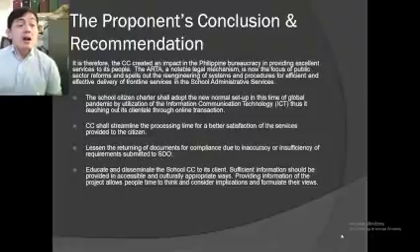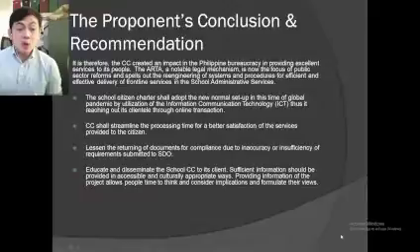One, the school Citizens Charter shall adopt the new setup in times of global pandemic by utilizing information communication technology, thus reaching out to its clientele through online transactions. The Citizens Charter shall streamline the processing time and provide better satisfaction in services to the citizens, lessen the returning of documents for compliance due to inaccuracy or insufficiency of requirements submitted to the SDO, or the Schools Division Office, and educate and disseminate the school CC to its clients.